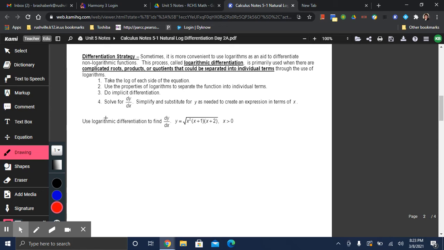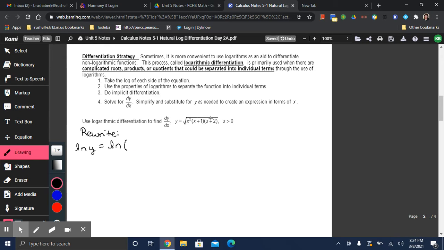So you'll take the log of each side. So we're going to introduce a logarithm, and this is actually then considered to be a rewrite. So I'm going to do the natural log of y equals the natural log of, and now I am going to do one simplification.